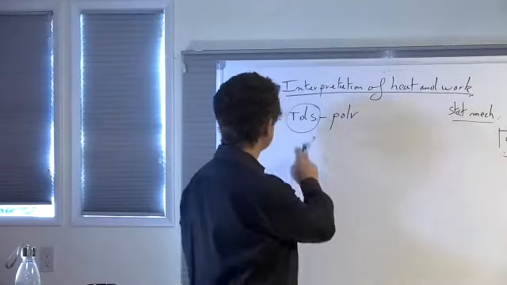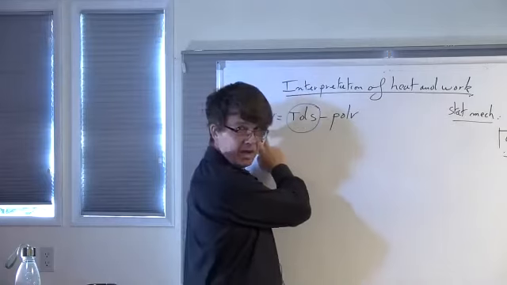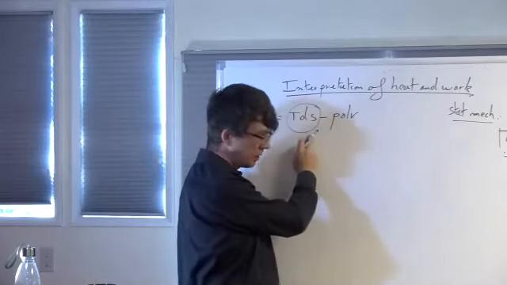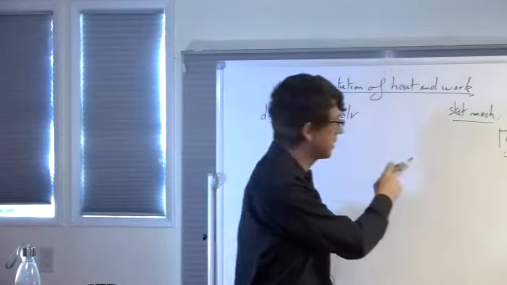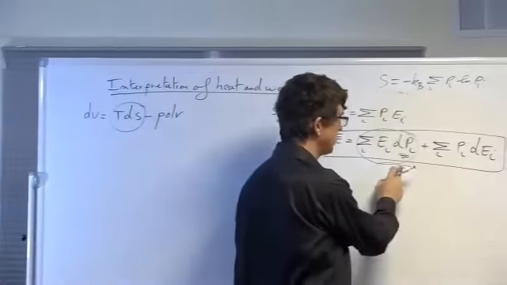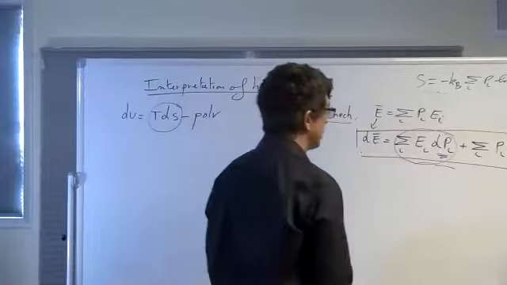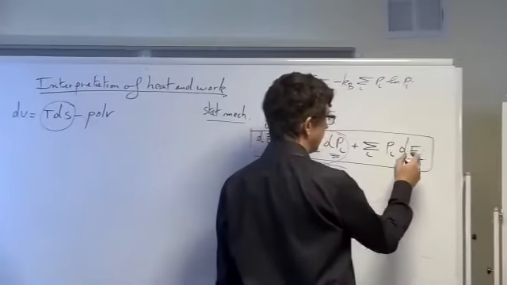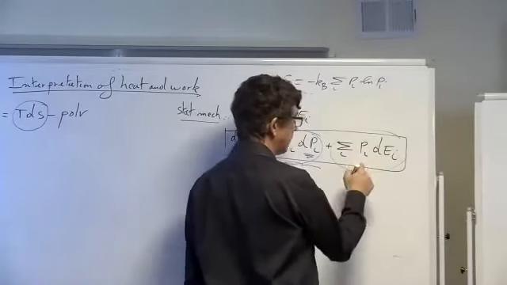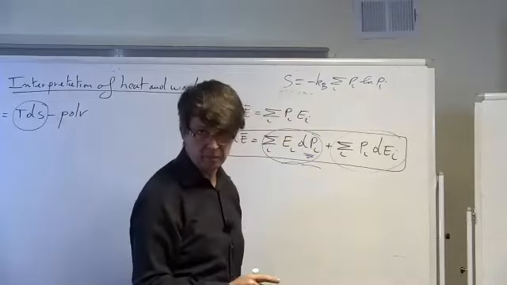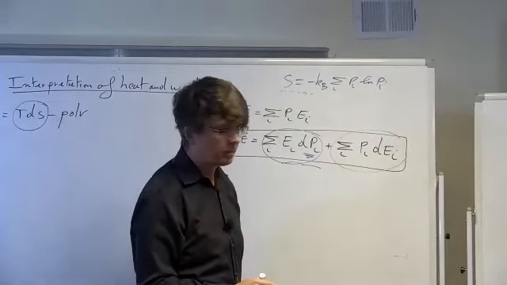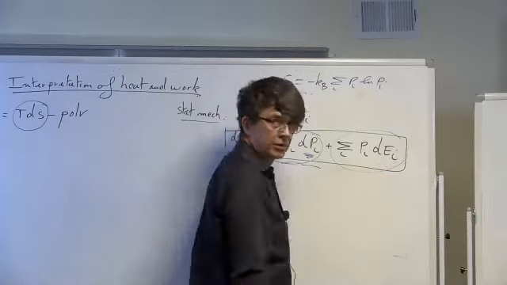Because that's what this is telling you. I'm changing the average energy by changing the entropy. This is exactly what I'm doing here. And so here I have the opposite. Here I'm keeping the distribution the same, but I'm changing the energy levels.